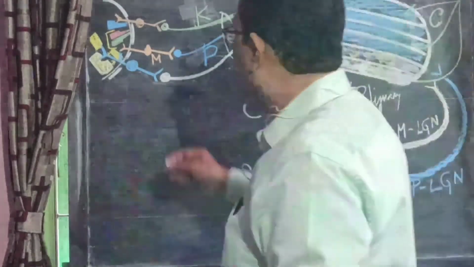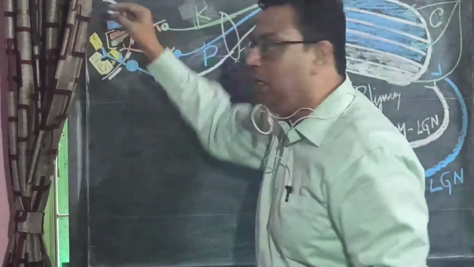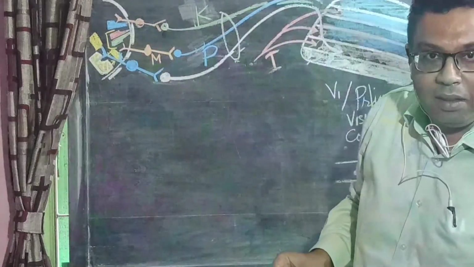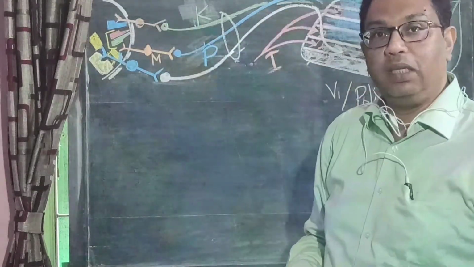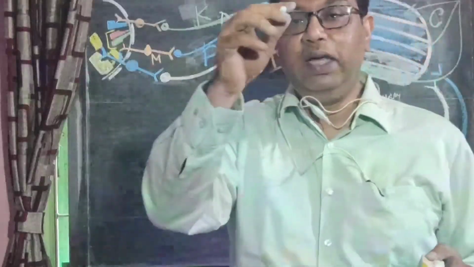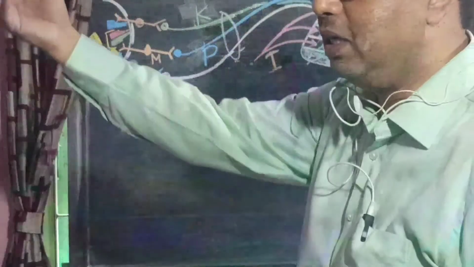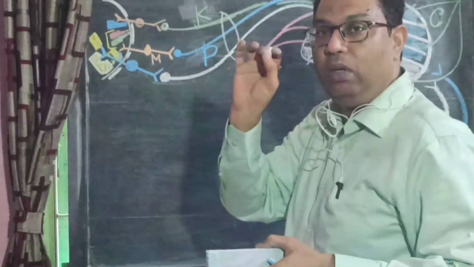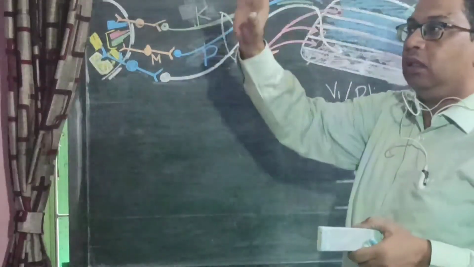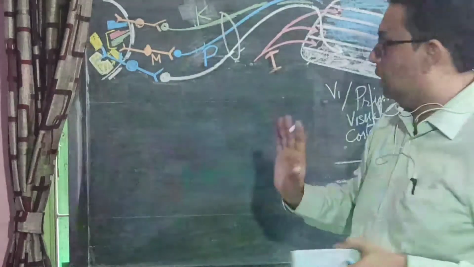The rod will be conveying the absence or presence of light. The cones will be conveying, along with absence and presence of light, the various spectrum of light that is coming and falling on the retina. The cones, being very concentrated in a given area, will give a very good, pinpoint, accurate assessment of the external world.